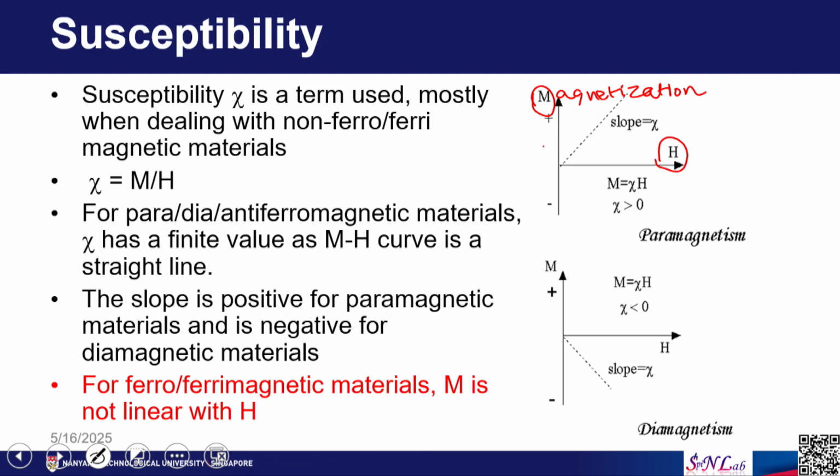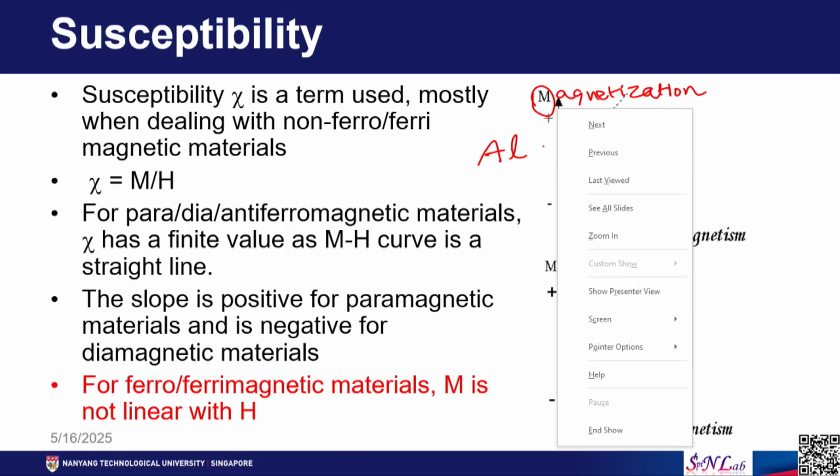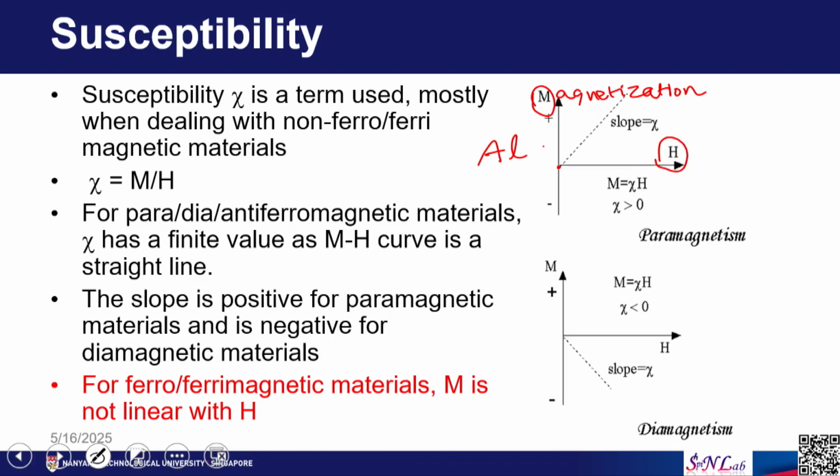Let us say I put a piece of aluminum inside the vibrating sample magnetometer, and I trace the magnetization of aluminum as a function of applied field. When the magnetic field is 0, the magnetization is 0.